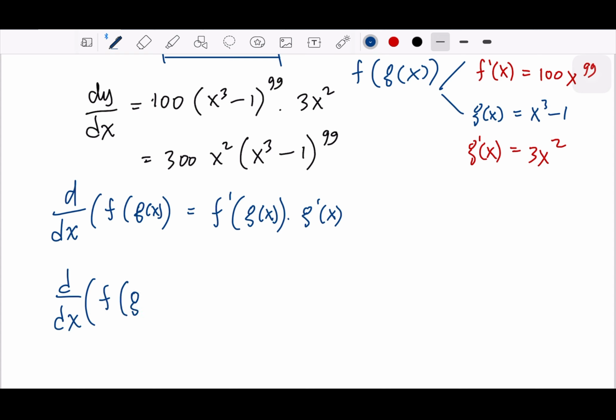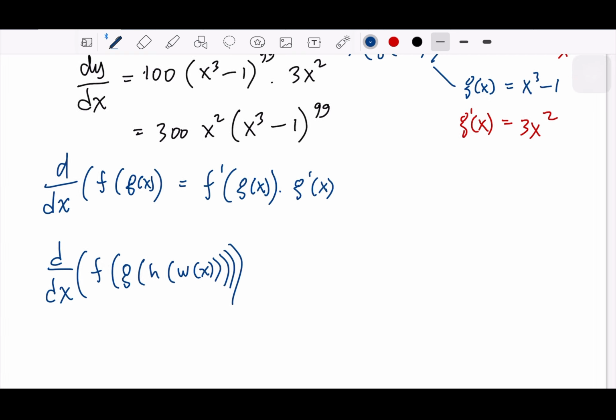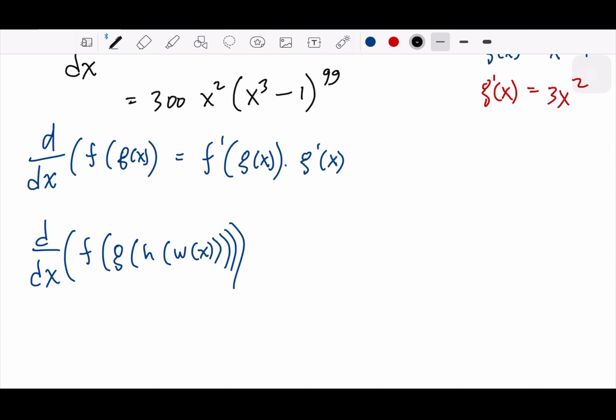So if you have more, maybe d/dx of f, maybe g, and then h, and then maybe w, like a crazy sandwich like this. What you can do is slowly take it one by one, like you peel an onion. So first you take the f prime.